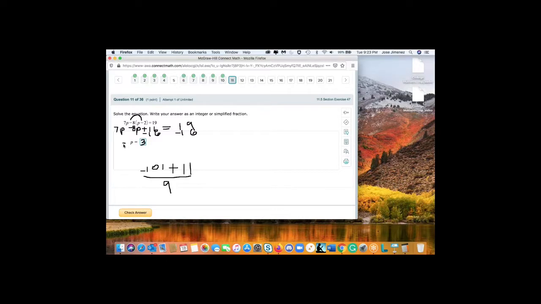Remember, if you see only one negative, you keep the negative. But if you see 2 negatives, then you cancel the negatives. That's the idea. So here, the answer will be minus 3.